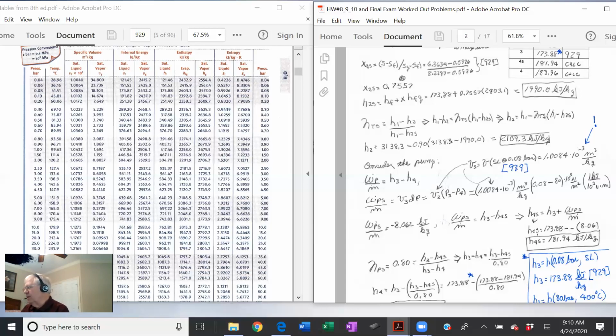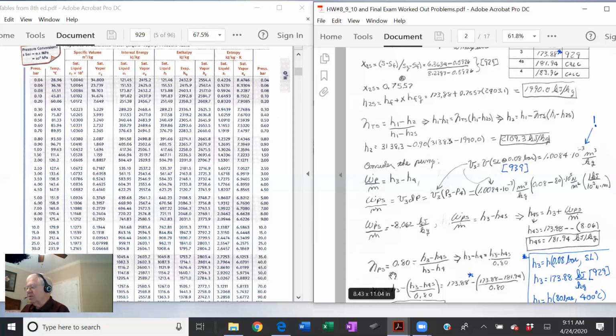So H4S is equal to H3 minus the work of the pump isentropic, which is a minus. Minus times a minus gives a plus, and I get H4S is 81.94. So I've sort of backed into that, but it's perfectly legit. Now I know H3 and H4S.